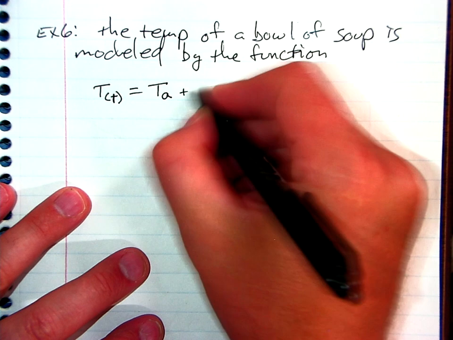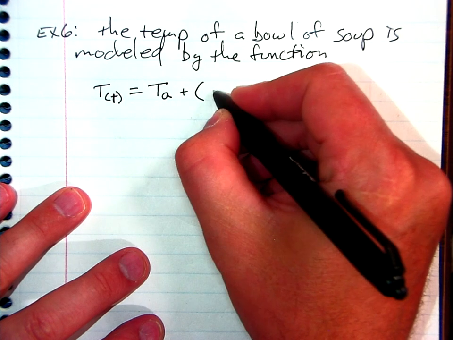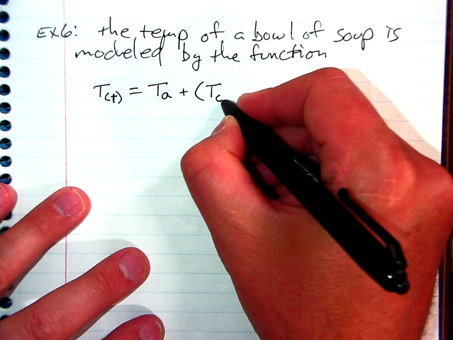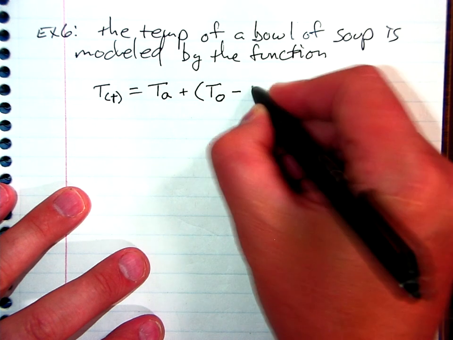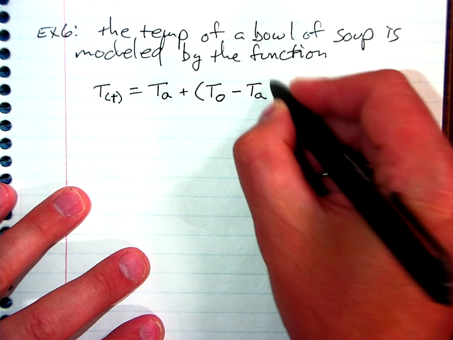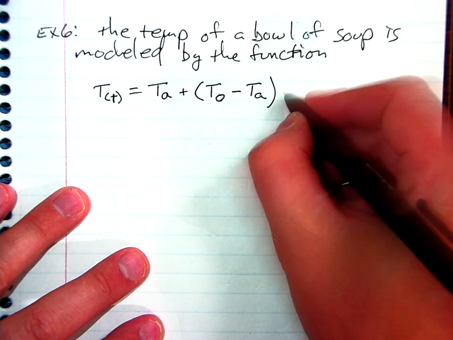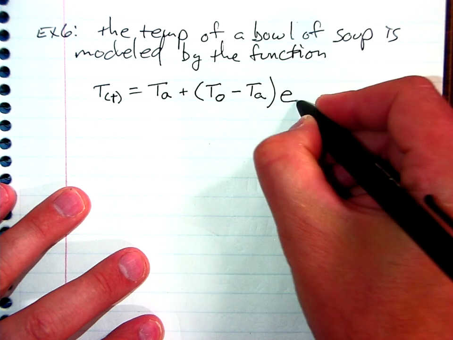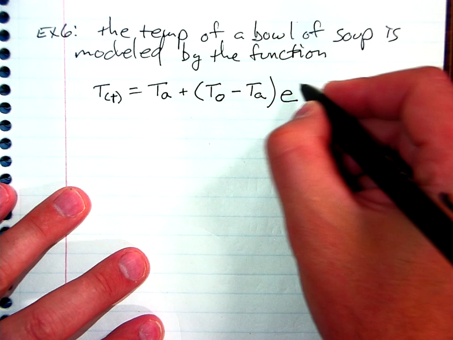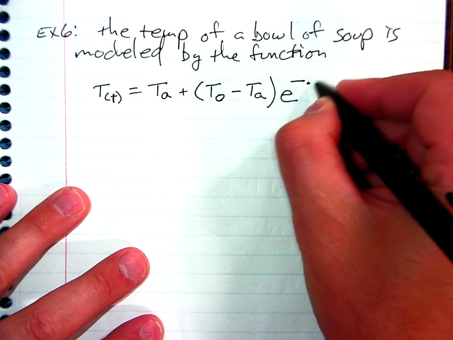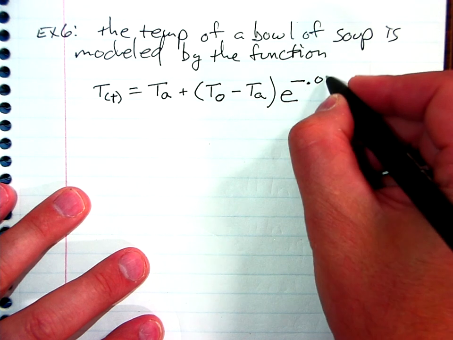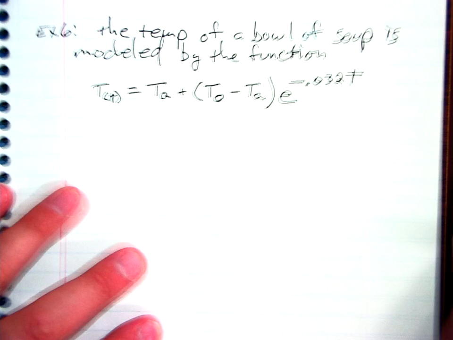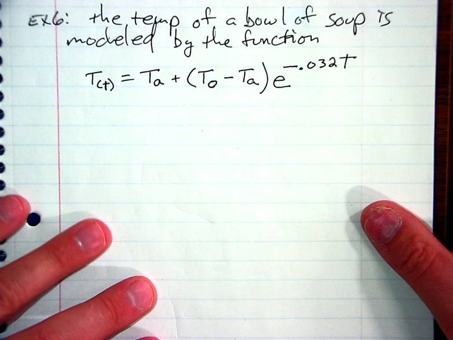Plus, parentheses, TA, we're at TO right now, minus TA, says TO, e to the negative 0.032 and another t all the time.